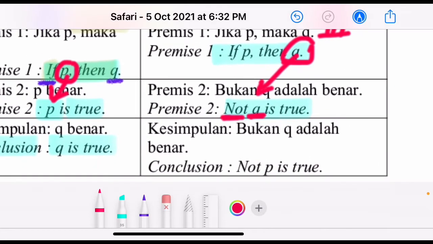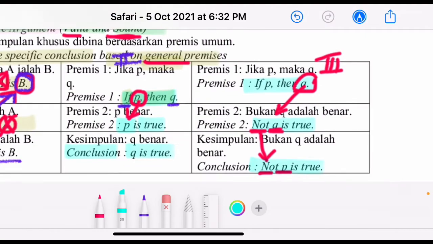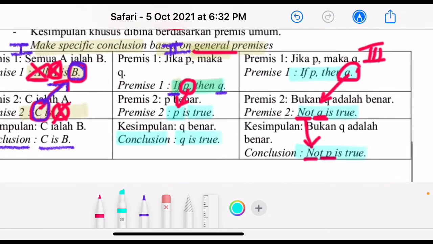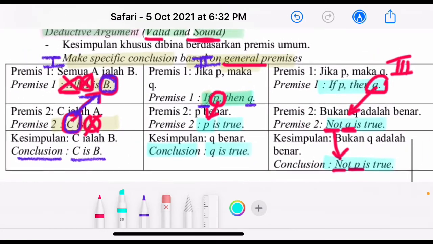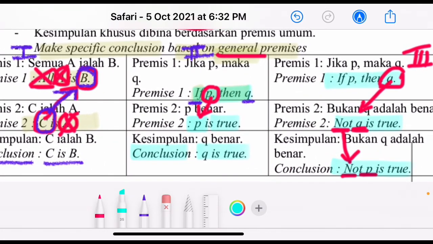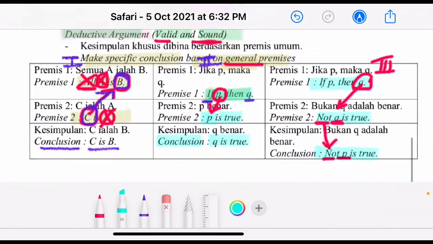So if not Q is true, then "not" must be there: not P is true. Right? So this is a pattern that we need to follow. 3 patterns for making a specific conclusion based on the general premise for deductive.